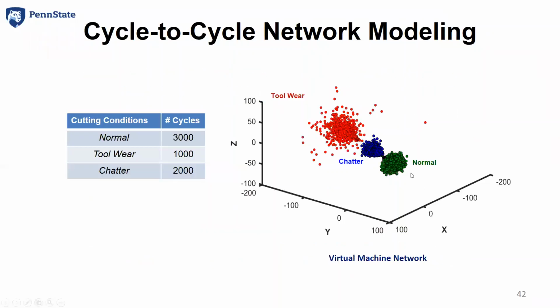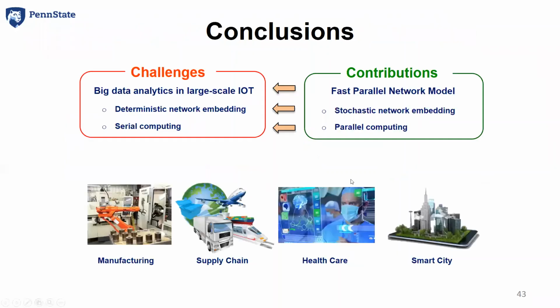Of course, this can be extended to different kinds of signals, for example, acoustic emission or vibration signals. So if we have wireless sensor signals like IoT, the large-scale IoT context. So now let me conclude this case study. So we have big data analytics in a large-scale IoT context.